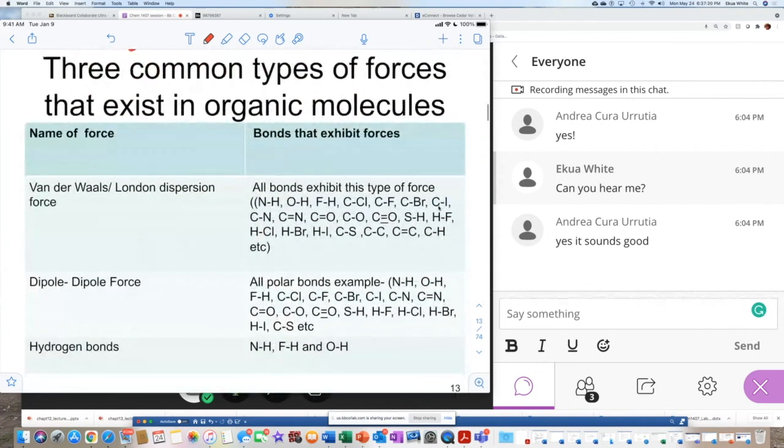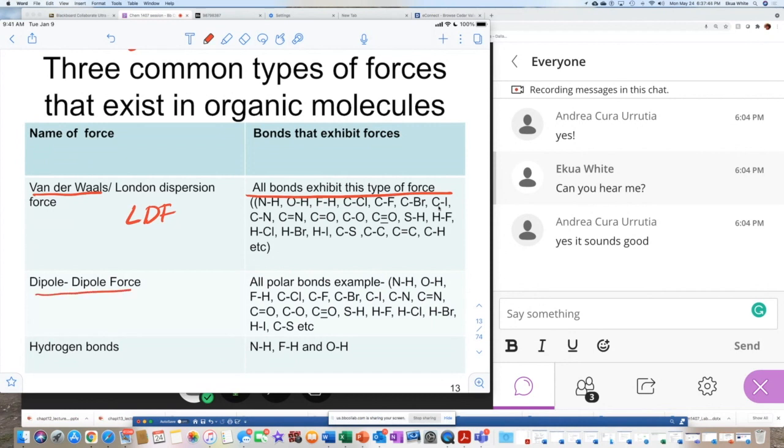Okay, so real quick, I'll review the three common types of forces that exist for organic molecules. Remember, van der Waals or London dispersion force. All bonds exhibit these kinds of forces. So I went through, and this is when I was younger, years ago, I listed all of these. If you're thinking about it, it's right here. Pretty much the molecular bonds we deal with, they all have London dispersion force.